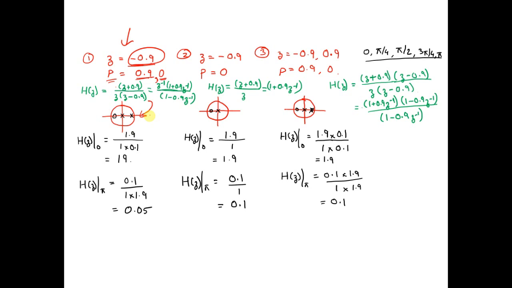Now if you have to implement it, what is the highest degree or the order of the numerator or the denominator? It is z to the power 2. So we have to multiply the numerator and the denominator with z to the power minus 2. Then we get this equation, where we have the z to the power minus operators.